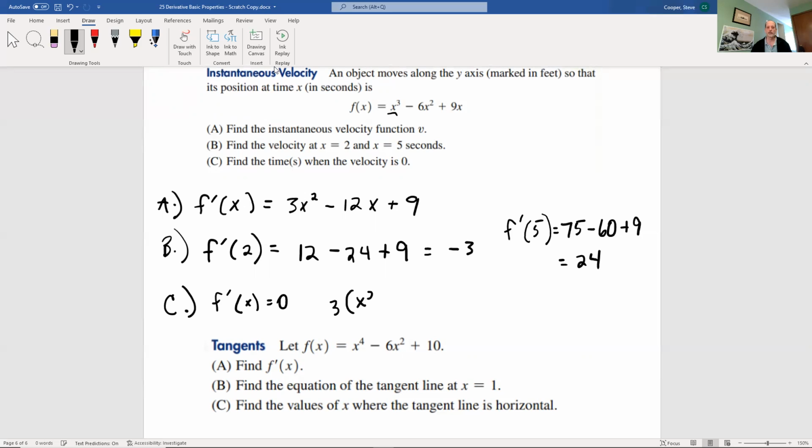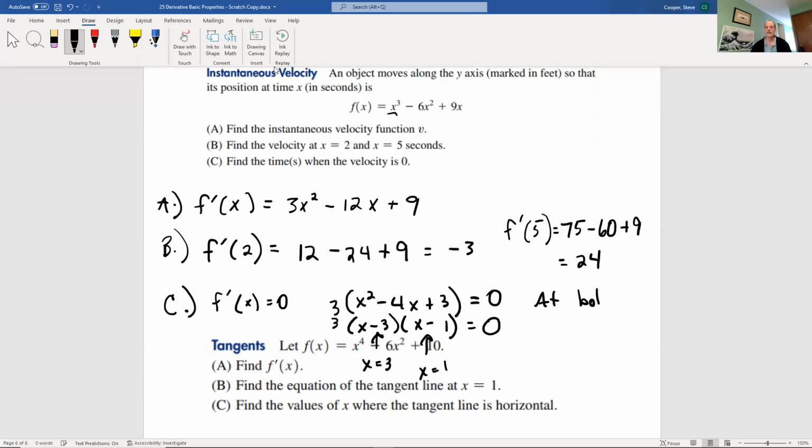So 3 times x squared minus 4x plus 3. When's that equal to 0? The 3 doesn't matter anymore, but I'll keep it there. Okay, so we get a 0 when x is 3, and another 0 when x equals 1.